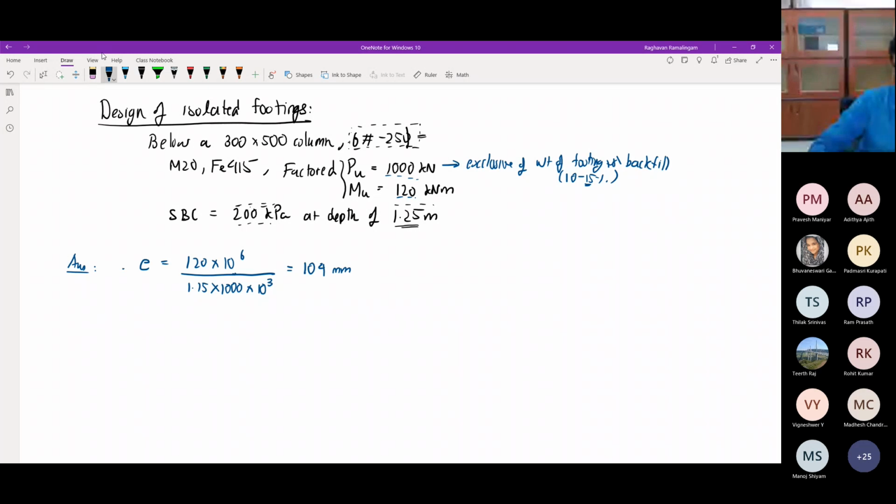The next thing, if you remember from the previous class, we always look for a condition where we want no tension at the base. Meaning that whatever footing I have, I want to make sure that the pressure distribution is entirely compressive.